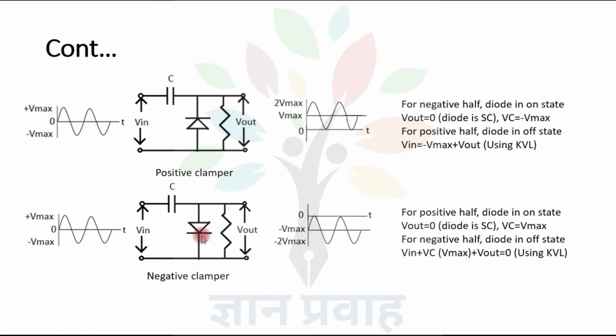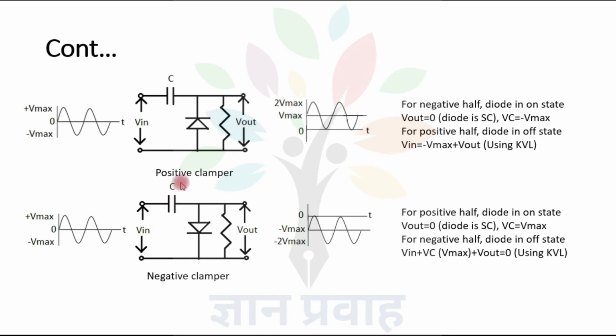Similarly for the negative clamper circuit, for the positive half, the diode is operating in forward bias or in on state. For the positive half, this terminal is positive and this one is negative. Negative is connected to one side of this PN junction diode, which means it is operating in forward bias. So in this case, this capacitor will be charged up to the maximum voltage of Vin, and the maximum voltage of Vin is Vmax.